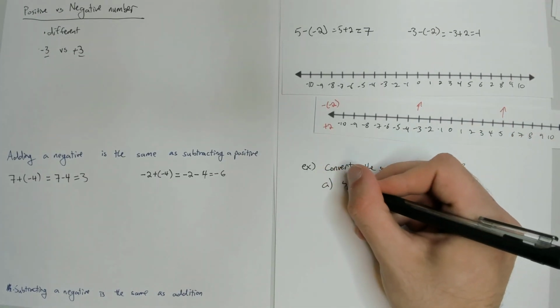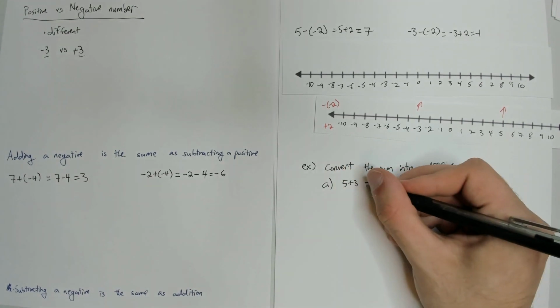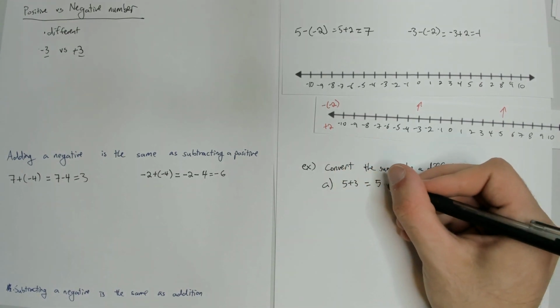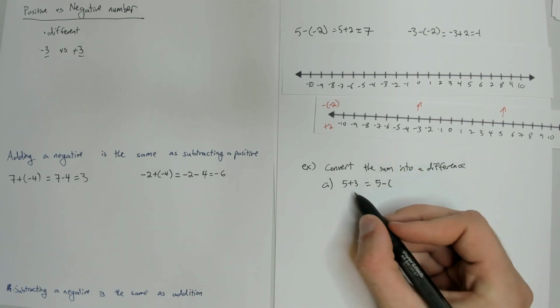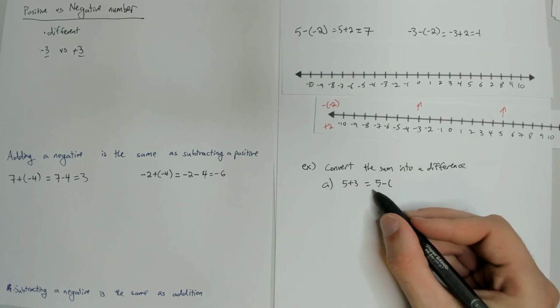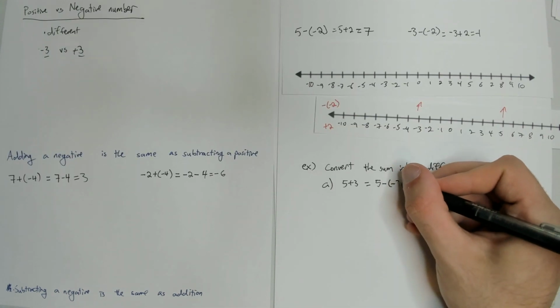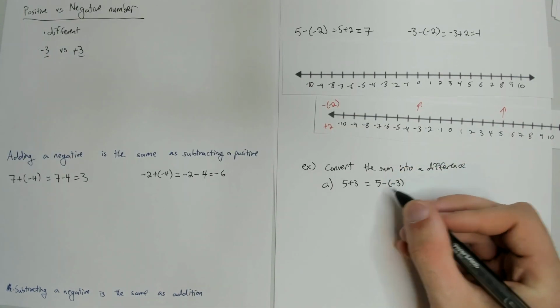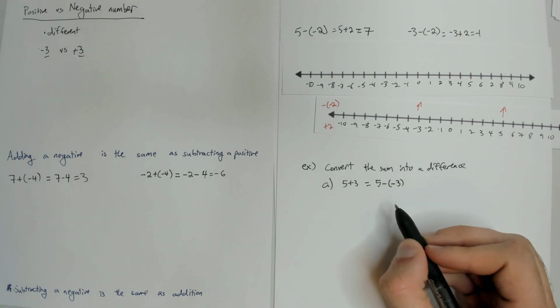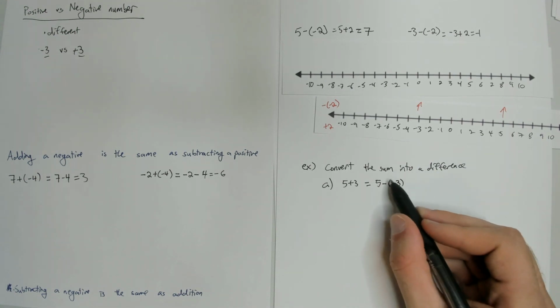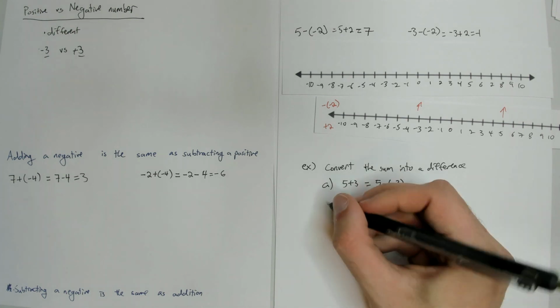So one thing you can do for some examples is convert the sum into a difference. For example, 5 plus 3, how could I express that using subtraction? Well, it'd be 5 minus. Now this goes to the right, and subtraction goes to the left, but how do we make this go in the opposite direction? We subtract a negative, right? Because a negative is what's reversing our direction. So we get that 5 plus 3 can be expressed as 5 minus negative 3.